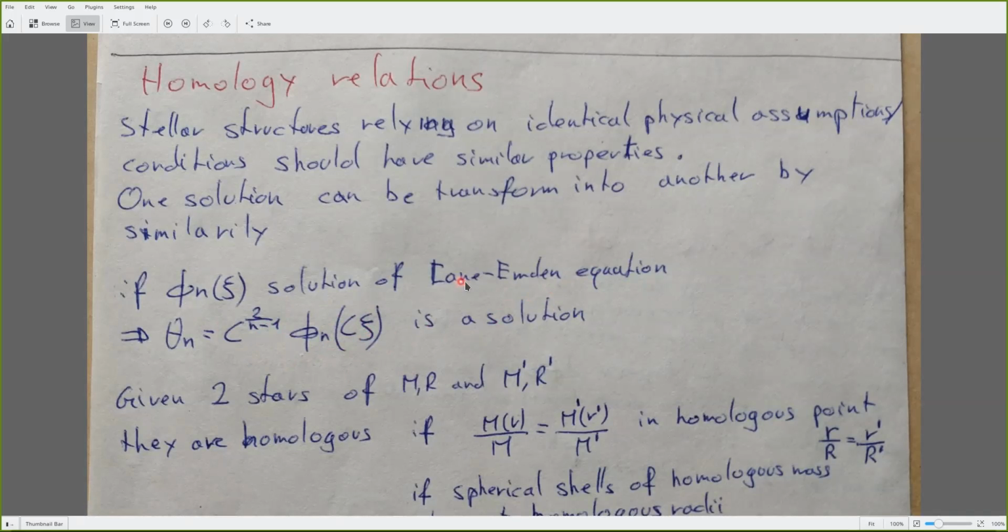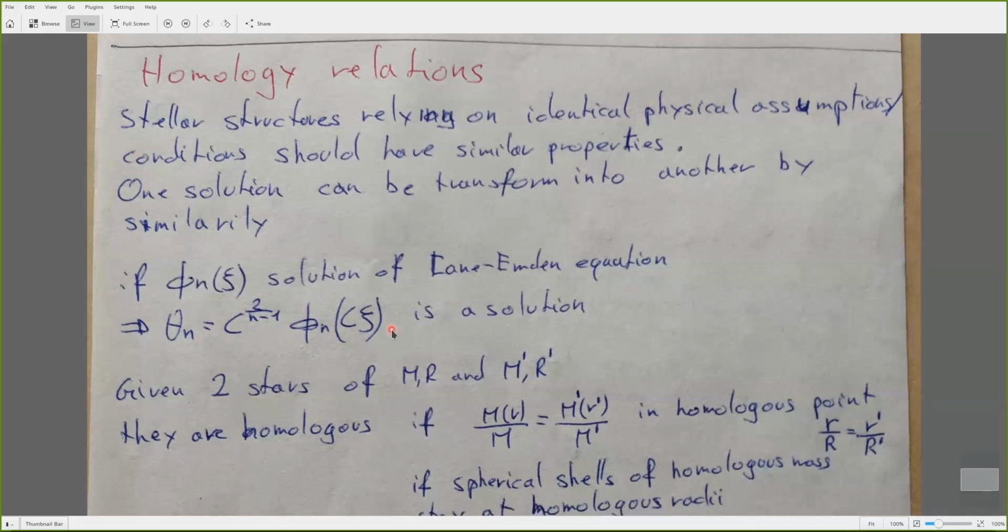So this means that if we can find a solution, just multiplying with the constant in this way, we can have other continuous solutions. Except for the polytropic index 1, because it goes away. That is sin of xi divided by xi. Quite a clear solution.